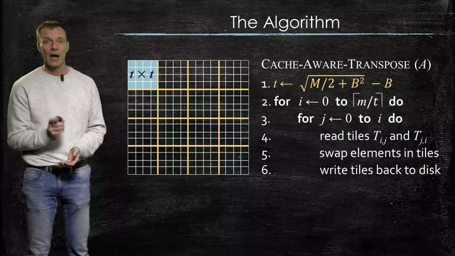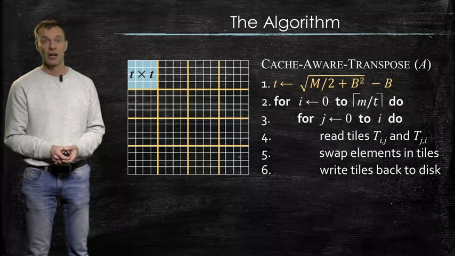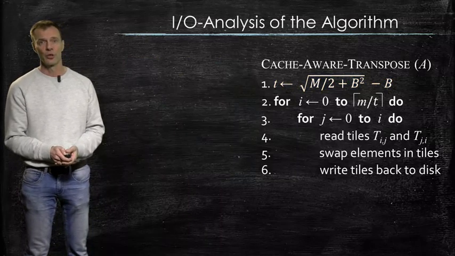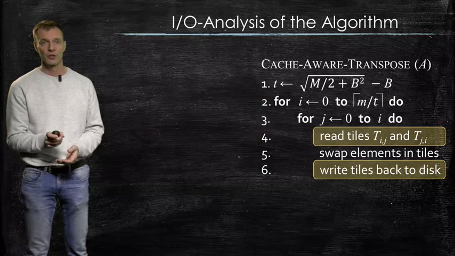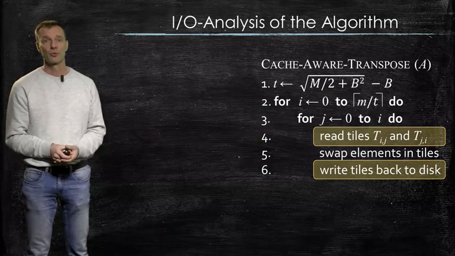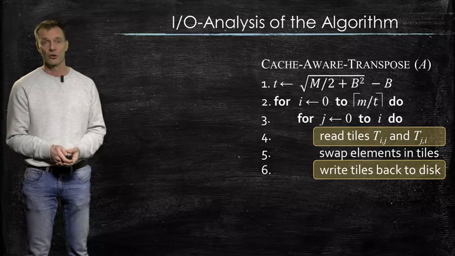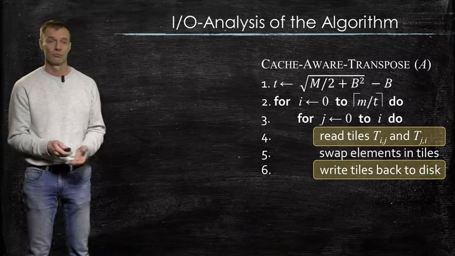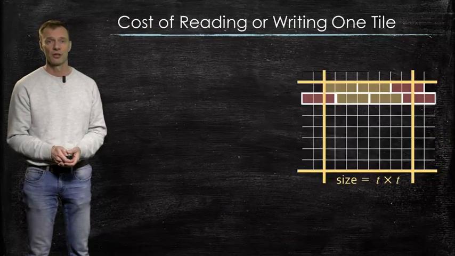Okay, now let's have a look at how many IOs the algorithm does. So here you see the algorithm again with the value of t that we were using. And now let's have a look at the IO analysis. So here you see that a number of times we're going to read 2 tiles and write 2 tiles. Well, how many IOs do we need to read or write a tile?